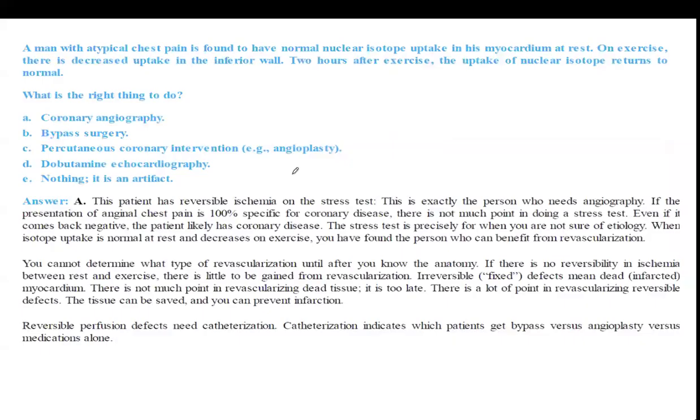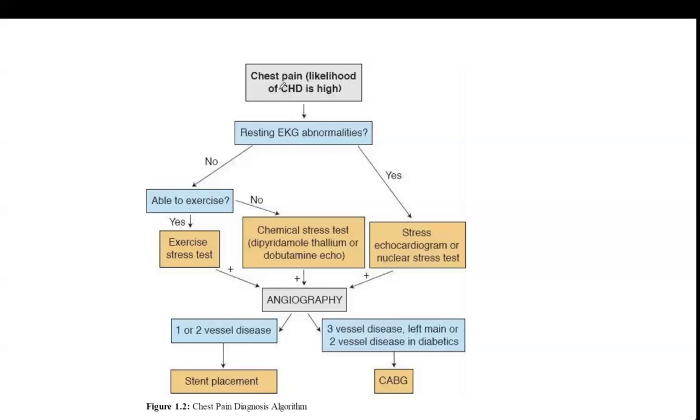So if we come here, we think chest pain is cardiac origin. We look at the resting ECG. Is the resting ECG having any abnormalities? No. If resting ECG does not have any abnormalities, the next thing we want to know, is the patient able to exercise? Yes. Then we send the patient for a stress test, which is the first one that we talked about.